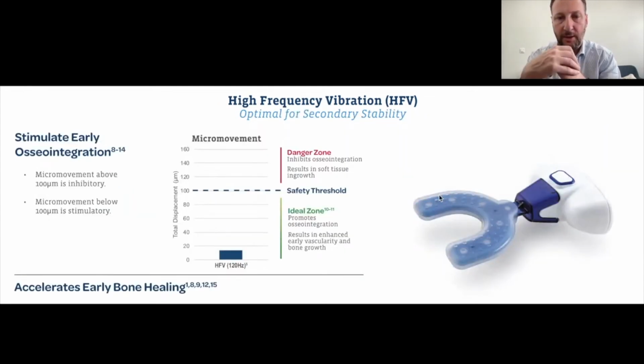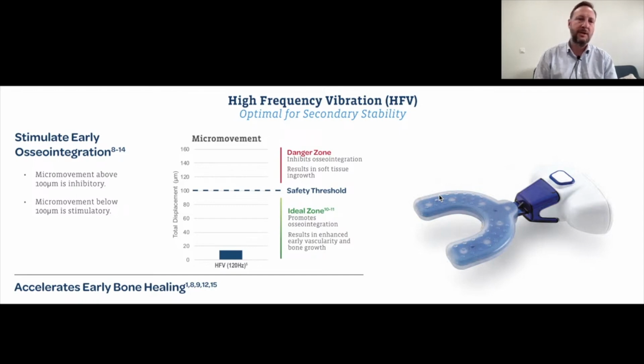Another thing that a lot of doctors ask me very frequently is, okay Daniel, but I just inserted the implant. Is this vibration going to create any instability, any force over the implant to block the osteointegration?